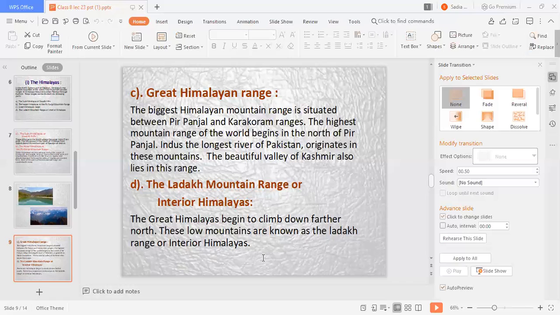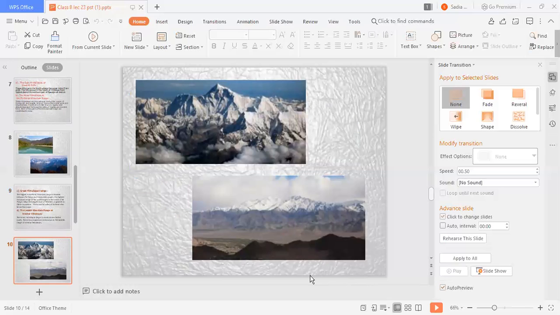Is it clear? So these low mountains are known as the Ladakh range or interior Himalayas. Is it clear? Okay. Okay, you can see the beautiful mountain ranges of heavy snow.